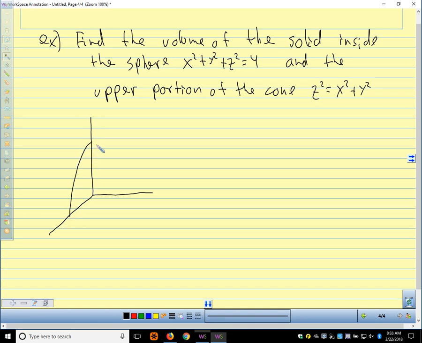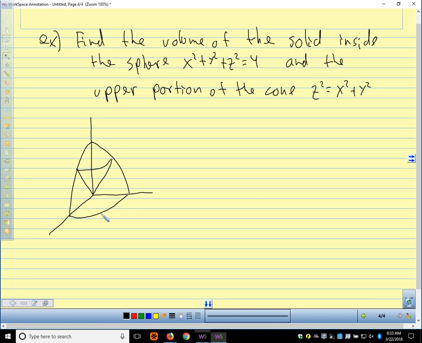Here's our sphere, x squared plus y squared plus z squared equals 4. Here is our cone. I know it's not beautiful and perfect. There's where the cone intersects the sphere in the first octant. So what we want is the volume that's underneath this sphere inside the cone.